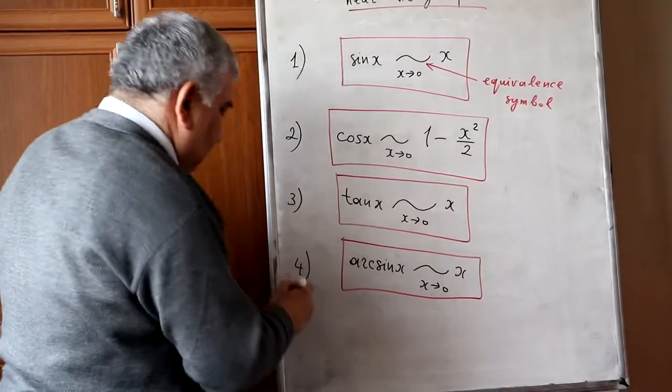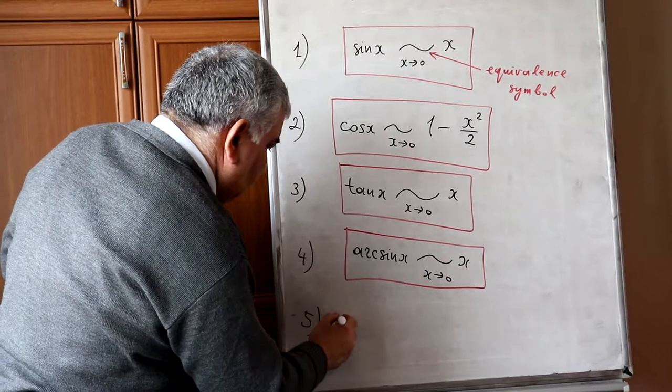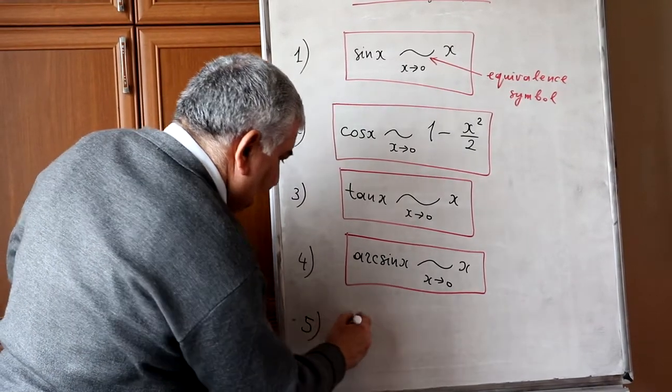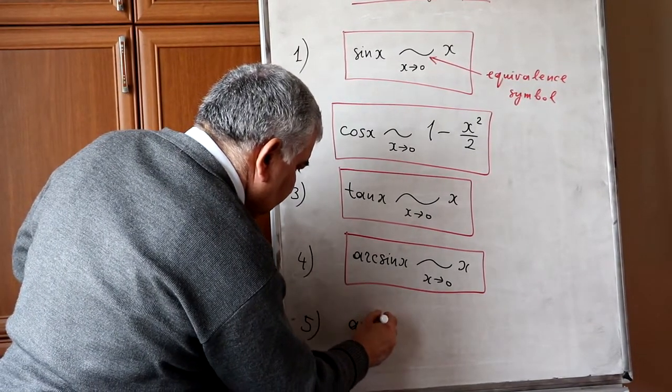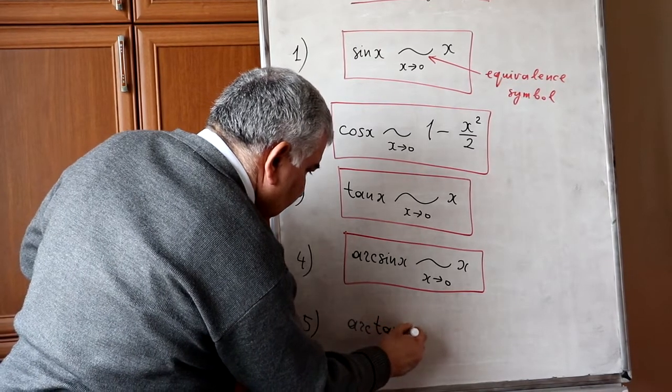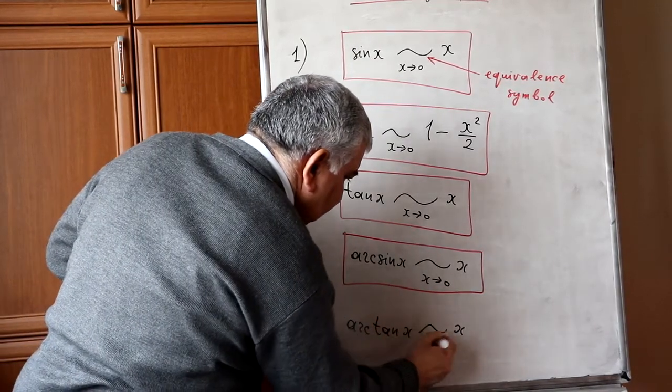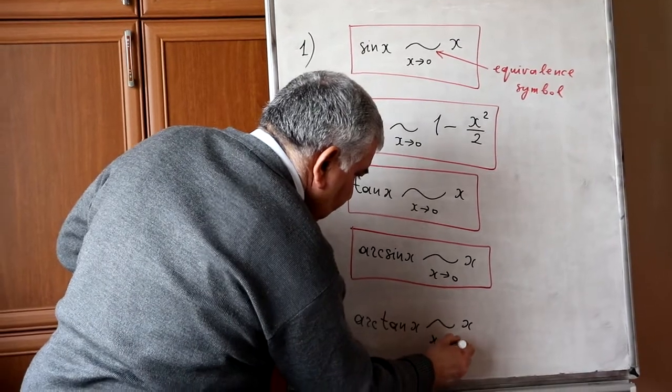And fifth equivalent form, arctangent x is equivalent to x when x tends to 0.